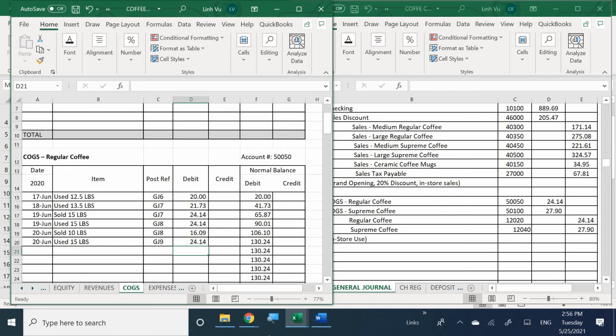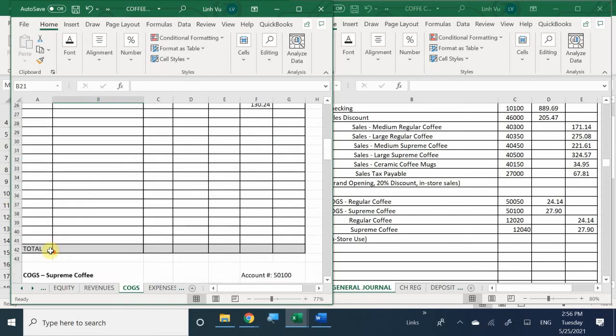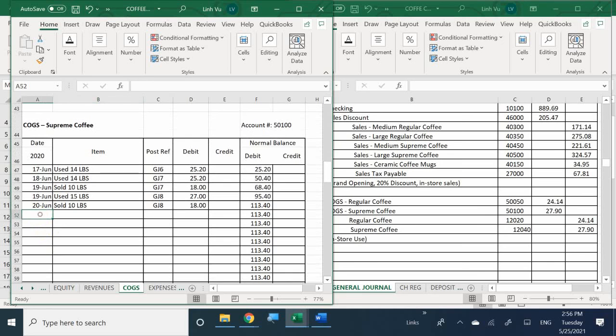Then the 20th of Julio, it's gonna be used 15.5 pounds.